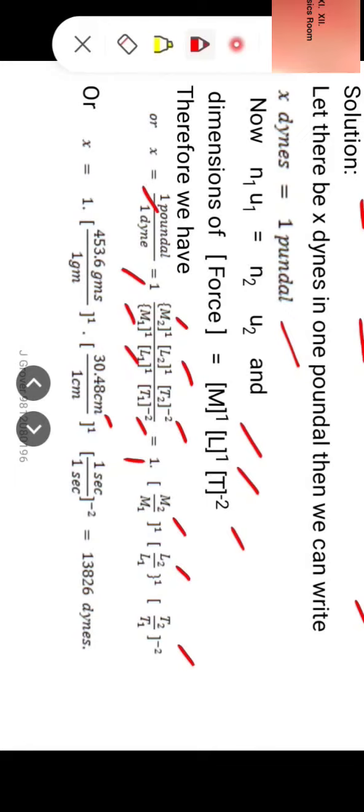On simplification we get x equal to 13,826 dynes. This way we can solve this problem, so we can use dimensional equations for conversion of units from one system to another system.